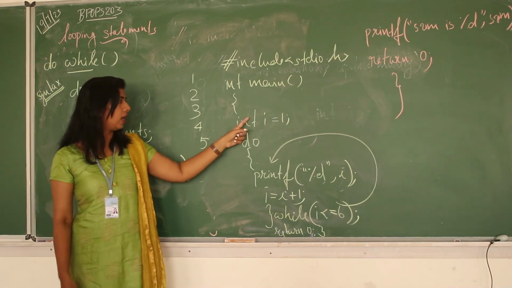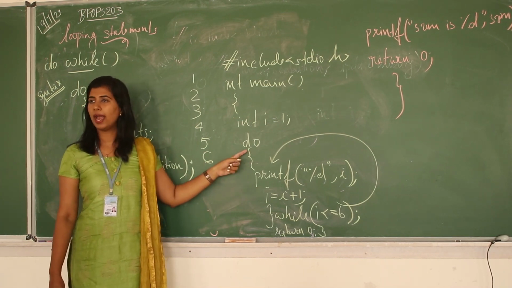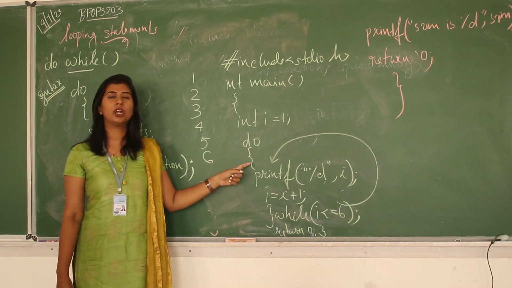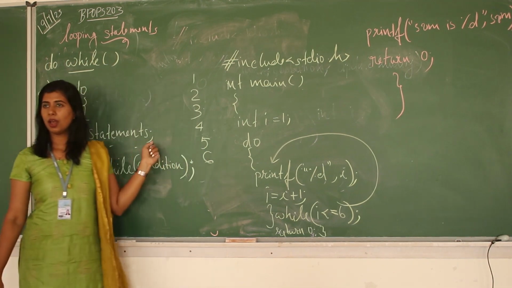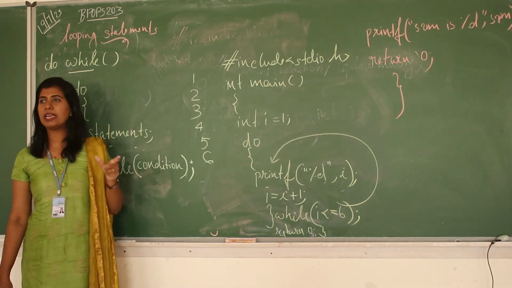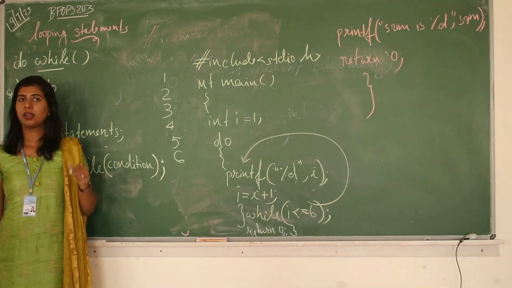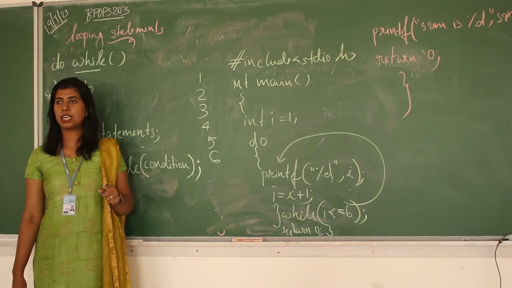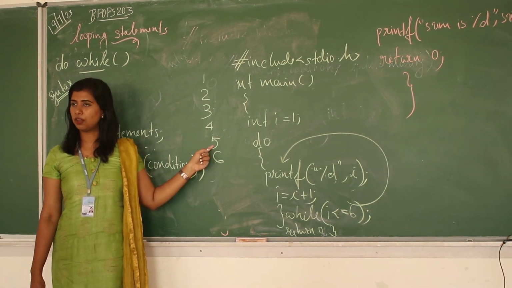And in do while, whatever statement you are writing in do while, that will be executed once without checking the condition. In while, whatever statements you are writing inside the while, that will get executed by checking the condition. The condition is true, then only those statements get executed.